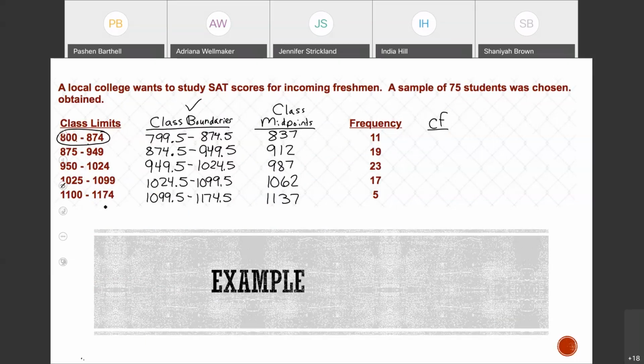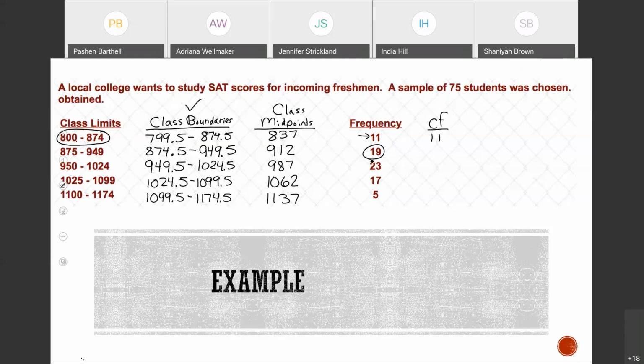Do you guys remember how this works? We talked about this with the frequency distributions the other day. We said that you wanted to start the top row with the same number that's in the frequency. So if I have 11 right here, the first cumulative frequency value is also going to be 11. Then we do a running total as we go down through the classes. We have 11. We're going to pick up 19 more values as we move to the next class.